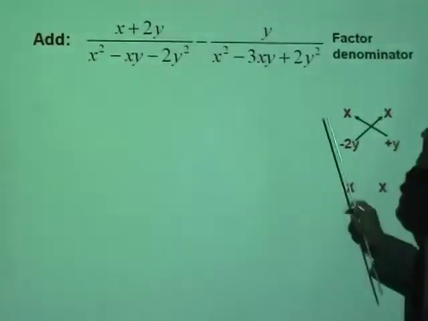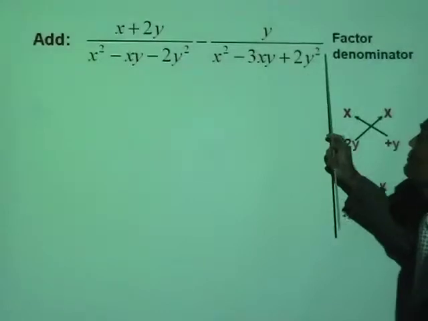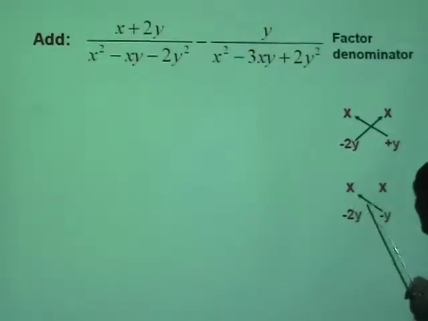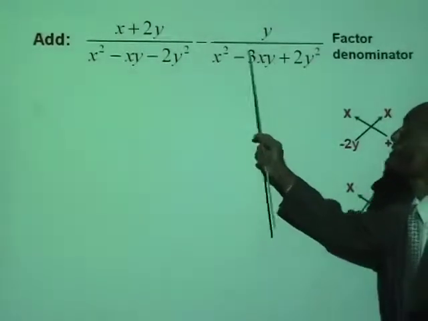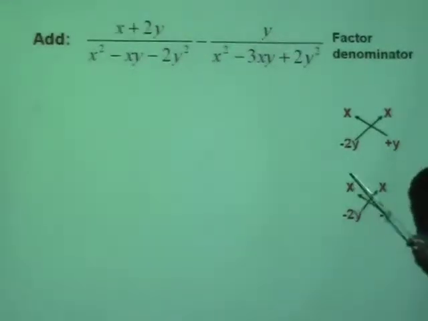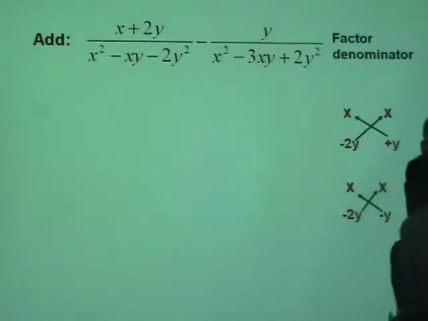It will be negative 2y and negative y. Negative 2y times negative y is positive 2y squared, and negative xy minus 2xy is negative 3xy. Alright? And so what are the factors? x minus 2y times x minus y.